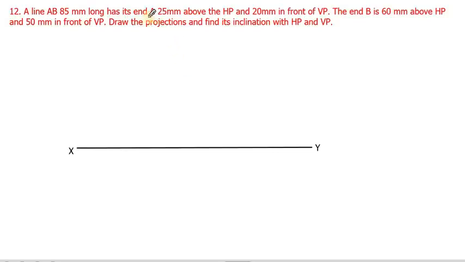Then it is given that end A is 25 mm above HP. So keeping the scale, you can mark a point A dash, that is above XY. So if it is above HP, the point should be marked above XY. So take the scale.